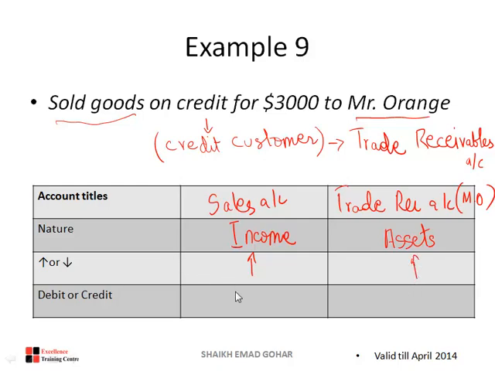So both are increasing. Income increase is credit, and asset increase is debit. Of course in this working we have written the credit thing first, but when you are writing it in the exam, first you have to write the debit side and then the credit side. So how to pronounce this? You will write trade receivables, debit, sales, credit. This is how to pronounce this entry.